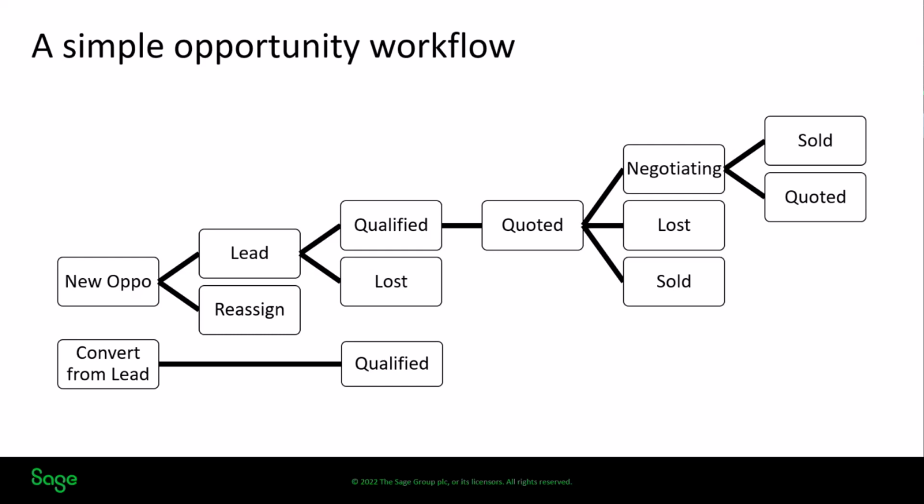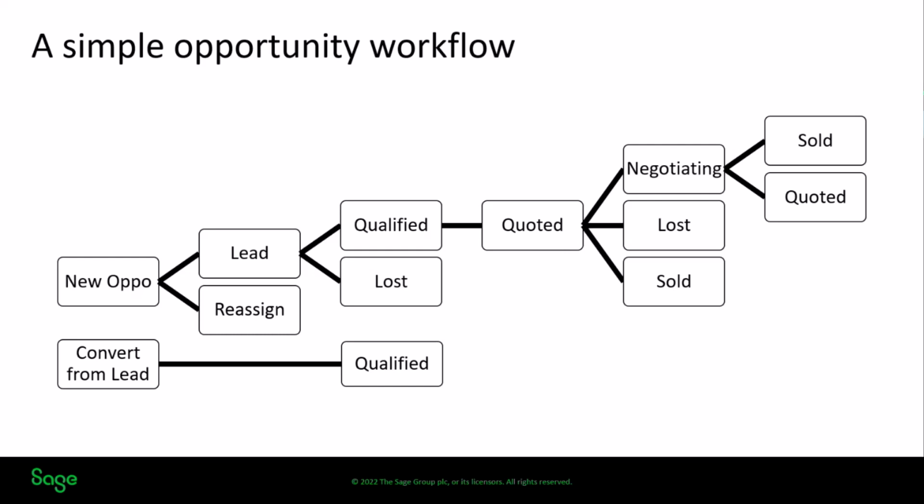And we can allow, as you can see, the idea that you can get to any state in more than one way. So you can see that lost and sold appear in multiple locations on this particular simple opportunity workflow, as well as allowing for looping.